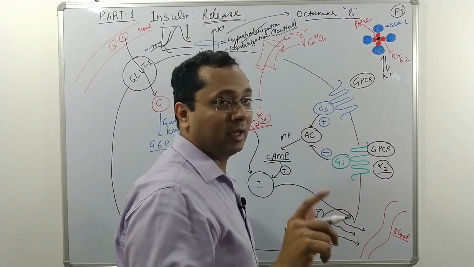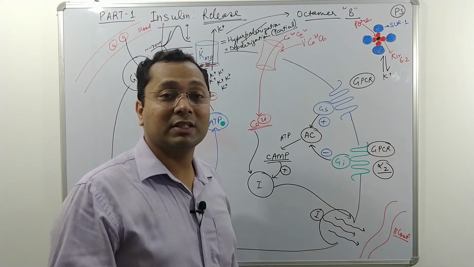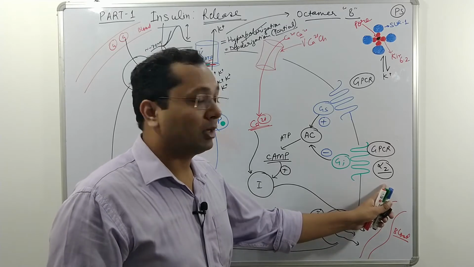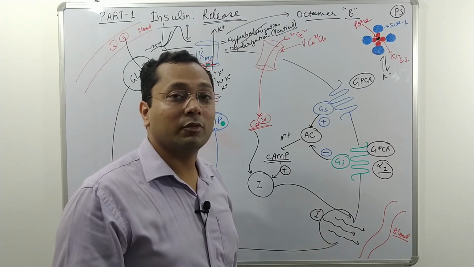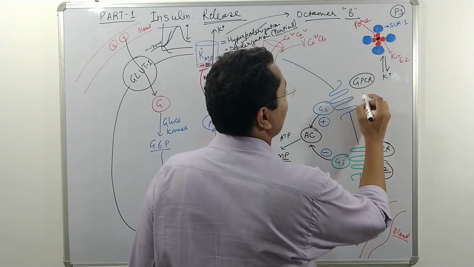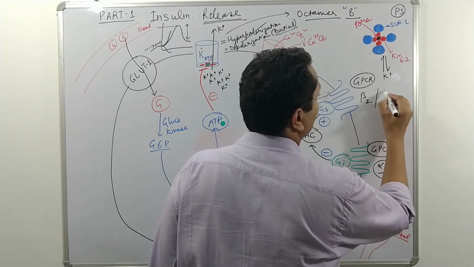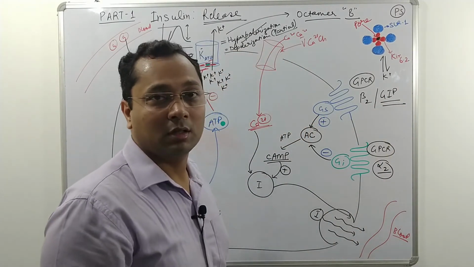Whenever there is alpha 2 activation because of the sympathetic outflow, this will always lead to the inhibition of insulin, while Gs is coupled to beta 2, it is also coupled to GIP, correct?